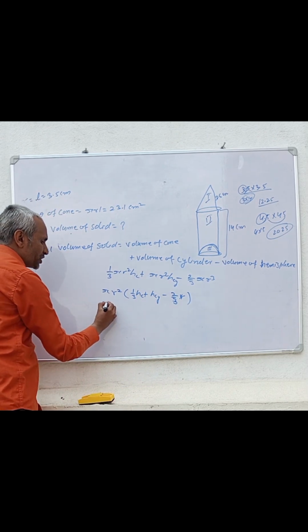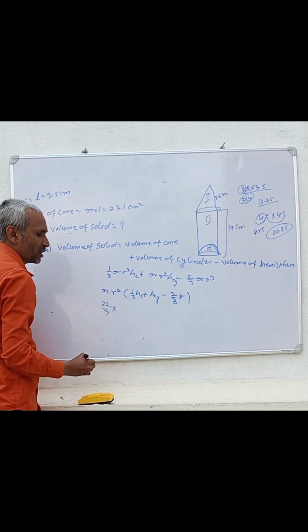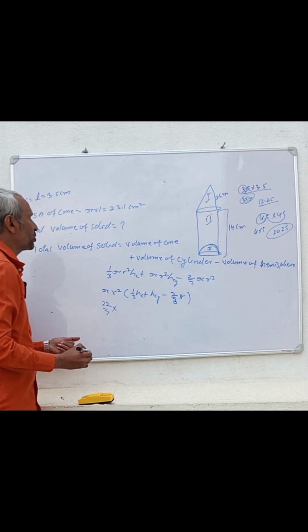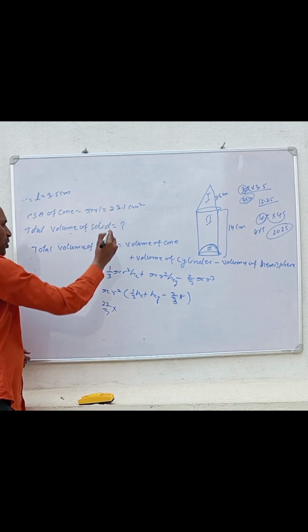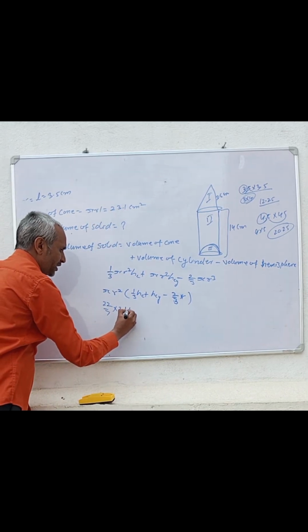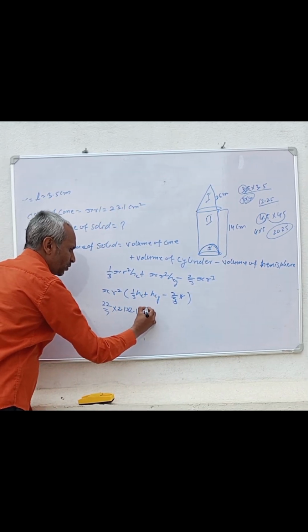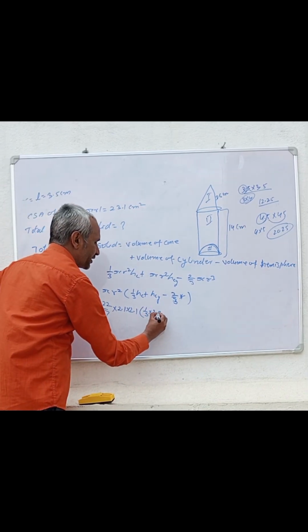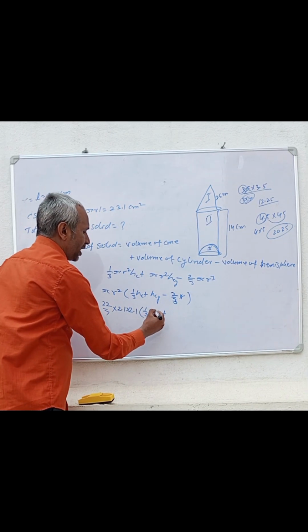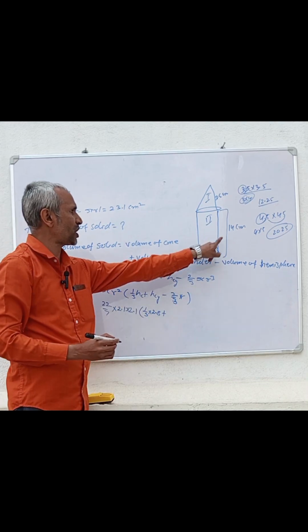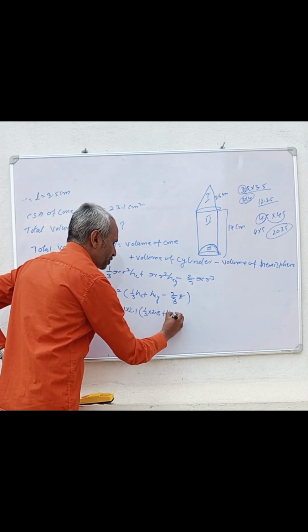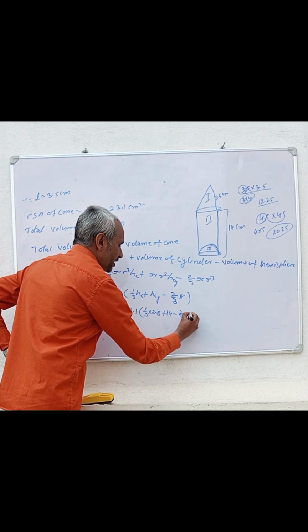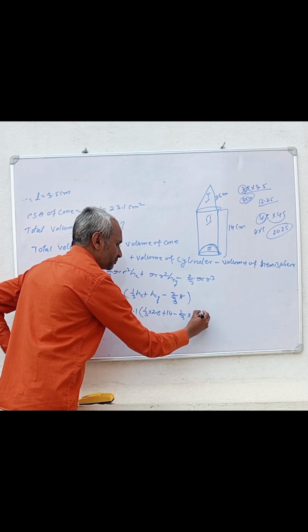Now keeping the values: 22 by 7 into r. How much did we get for r? We got r as 2.1. So 2.1 into 2.1 into 1 by 3 into h. Height of the cone we got as 2.8, plus height of the cylinder, which is given as 14, minus 2 by 3 into r, which is 2.1.